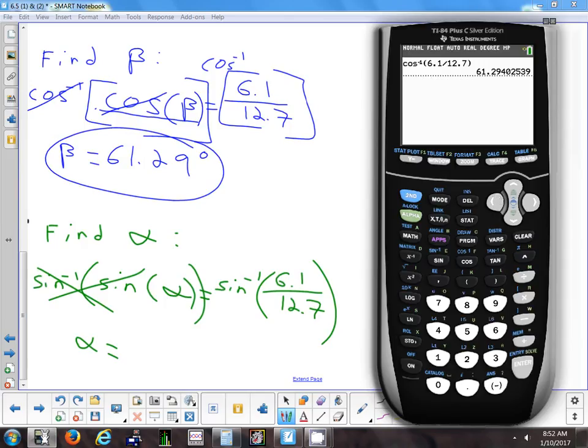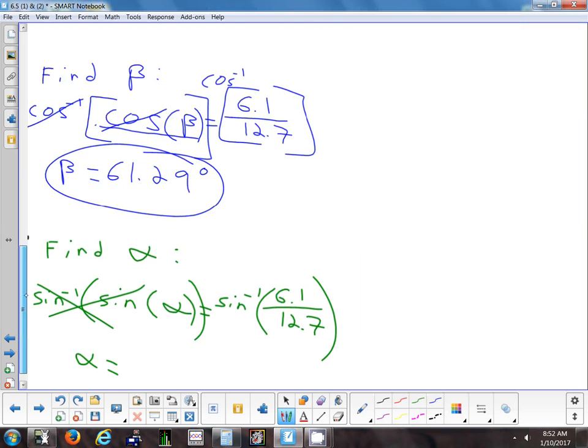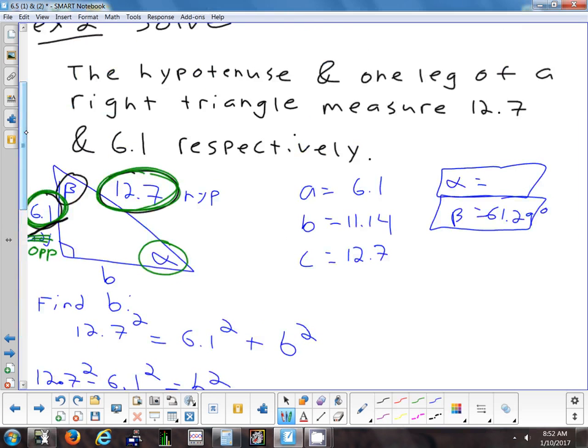Just change that. Yeah, inverse sine would be even better. 28.71. And if you check these two angles, make sure they add up to 90. Okay, I think they do. Yeah, they do. So we're good.